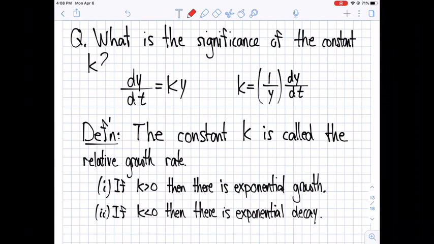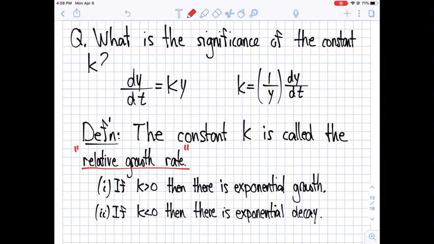What is the significance of this constant k in this differential equation where dy/dt, the derivative, is a constant multiple of the given quantity? So if you solve for k, you end up getting that k is the derivative divided by the current amount of the quantity, which is y. And so we're often going to be referring to the constant k as the relative growth rate.